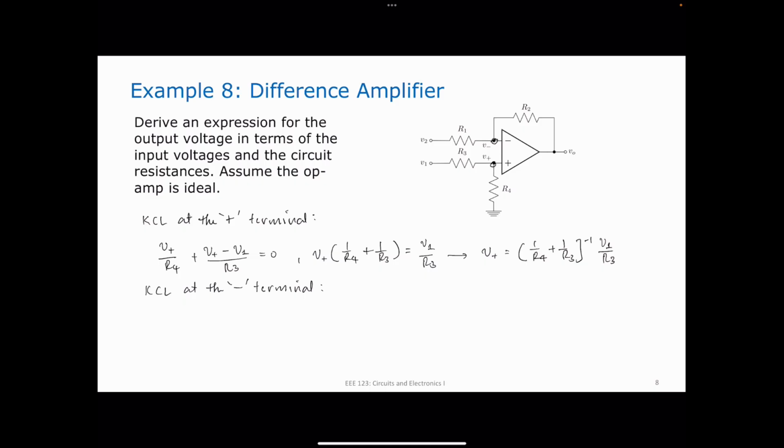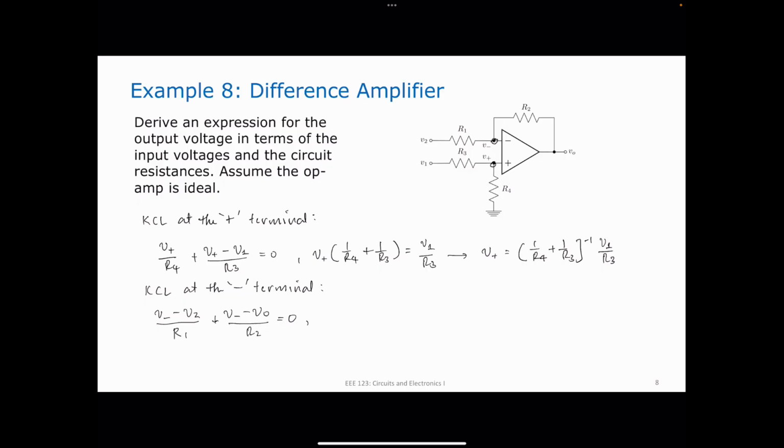I have (V minus V2) over R1 plus (V minus V sub O) over R2. This is now equal to 0, again because you have no current entering the inverting input.